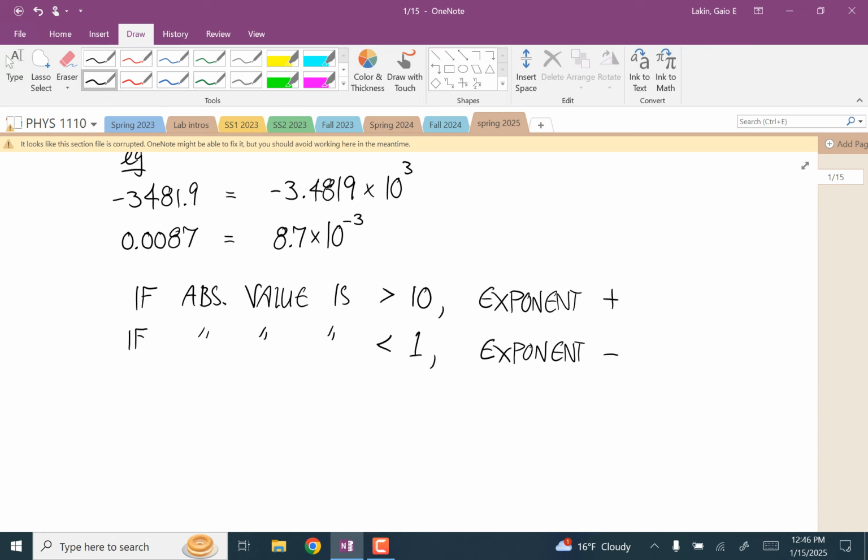Okay, so in order to use scientific notation, you really just need 2 skills. You need to be able to go from a standard number to a scientific notation number. And the second one is you need to be able to go from a scientific notation representation to a standard number. And so I'll just give it to you in 2 steps.